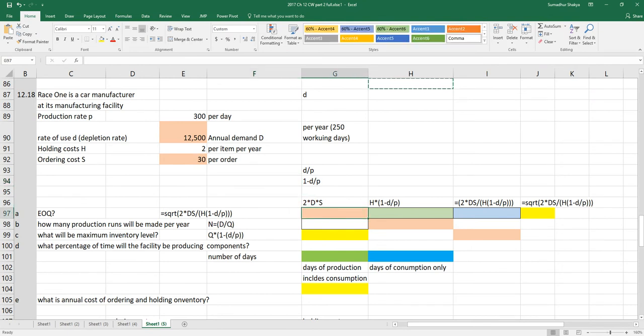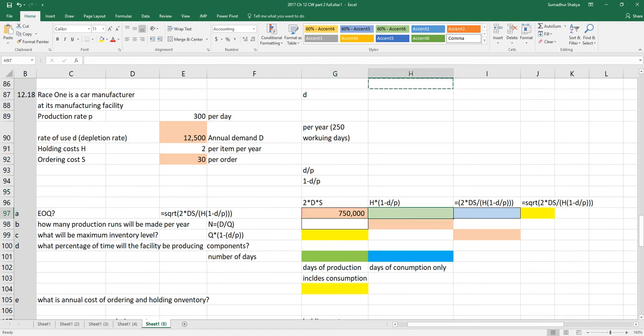So first things first, in order to minimize the mistakes, I've broken the calculations down here. So let's calculate EOQ equals the square root of 2 times the annual demand, which is given to us, times the setup cost. Now this is the numerator part.